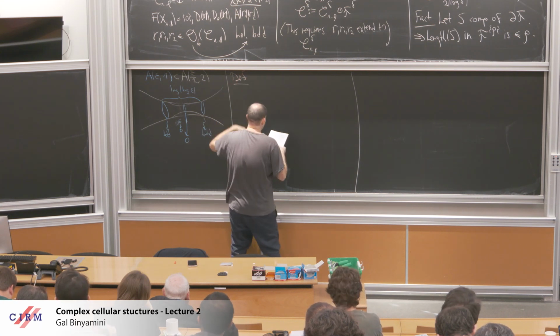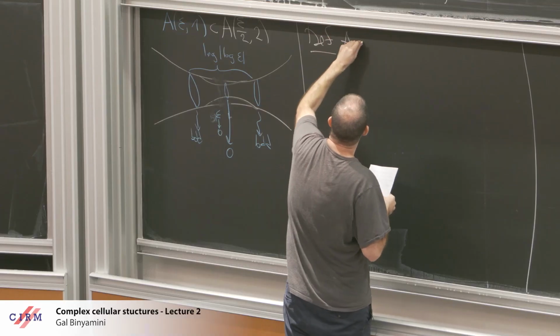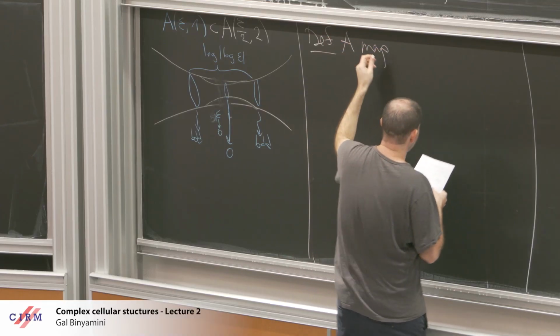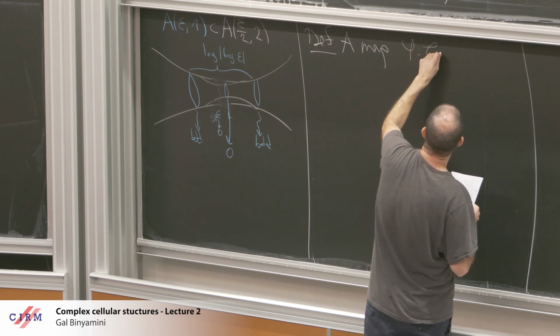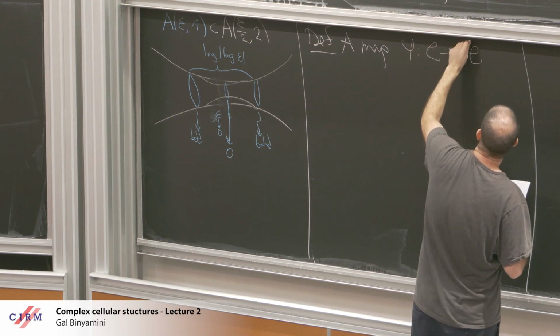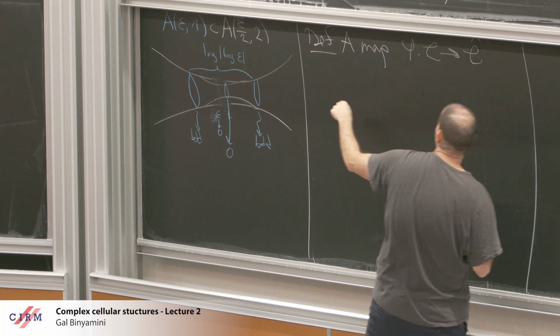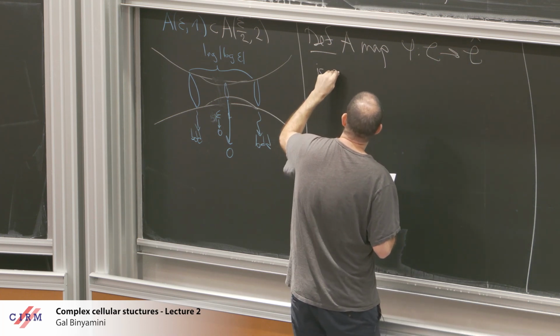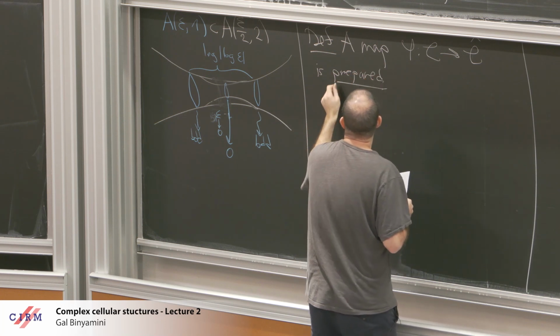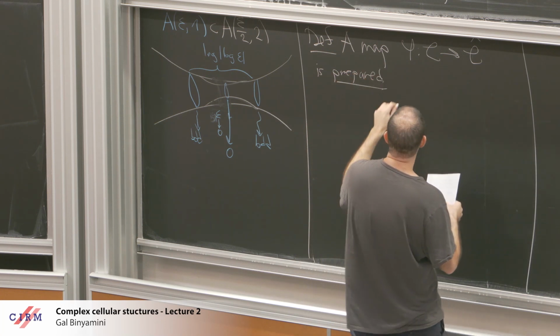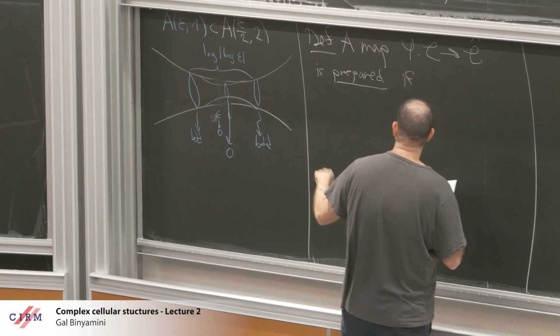So I'll make a definition. A map phi from one cell to another cell is prepared if it has the following form.